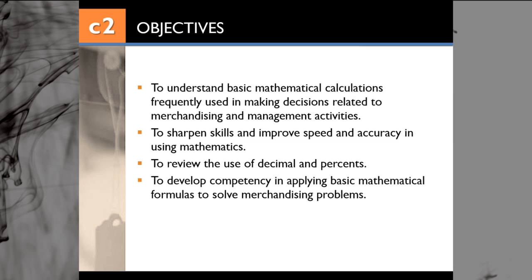Fourth, to develop competency in applying basic mathematical formulas to solve a merchandising problem. And last but not least, you will understand and use unit measure. We're going to talk about each unit measure in this chapter, and you will learn how to use them in retail math.